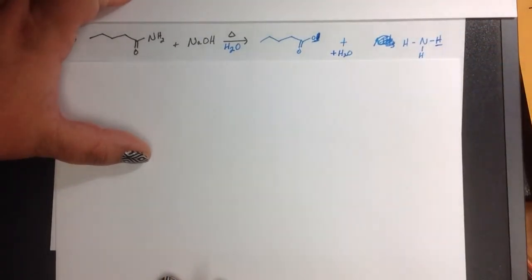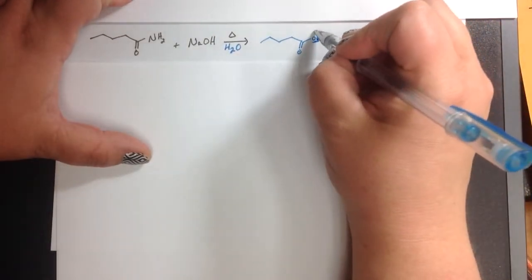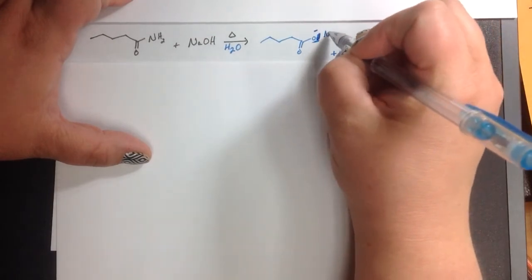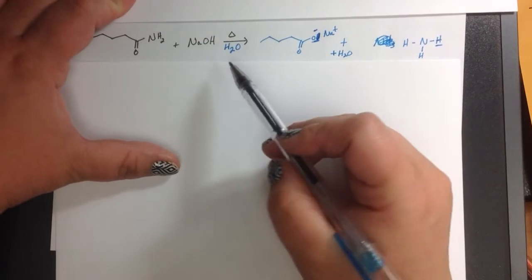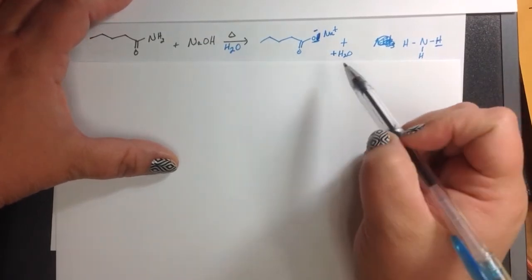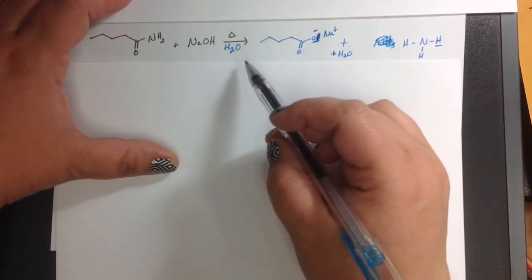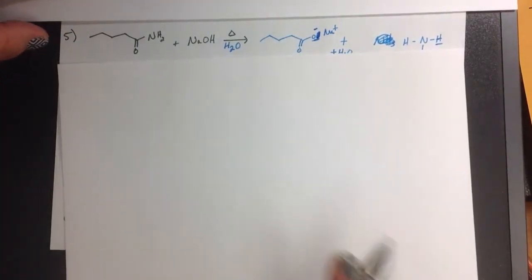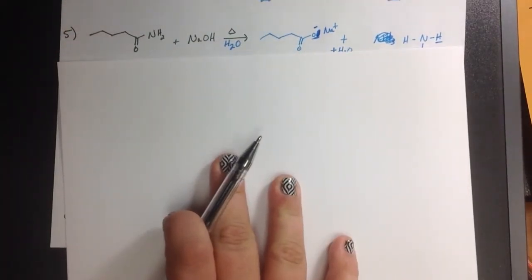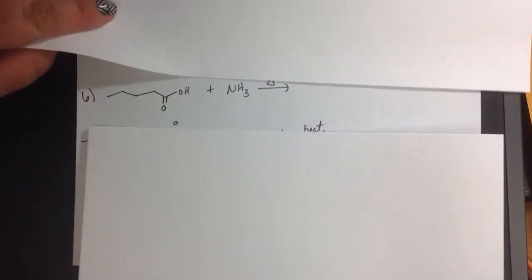Okay. You get a negative charge up here and Na+. Now, keep in mind that if this does not show that there's water here, it's assumed. So even if that's not drawn in, you should be okay with that. Did I draw that in earlier? Just making sure. I did not. So that's okay. Be aware of that.